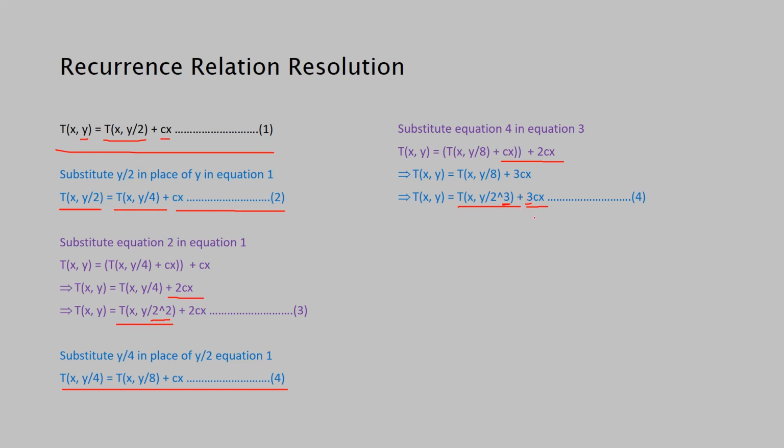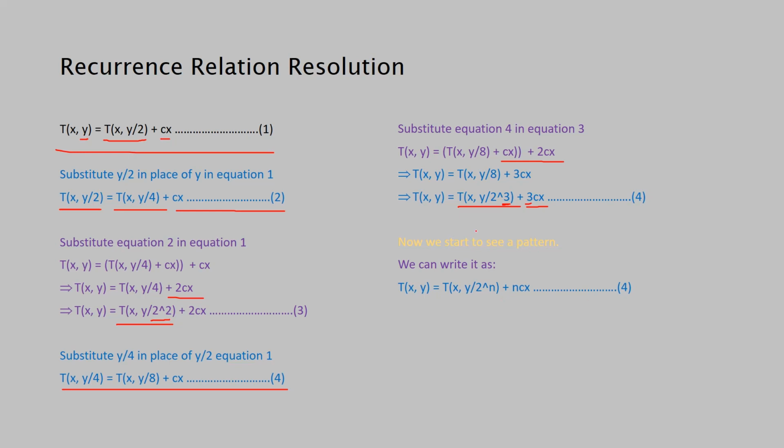So this number gets incremented by 1 every time we recurse. So this is the pattern here. So this equation can be rewritten as t of xy equal to t of x and y divided by 2 raised to the power of n plus ncx.